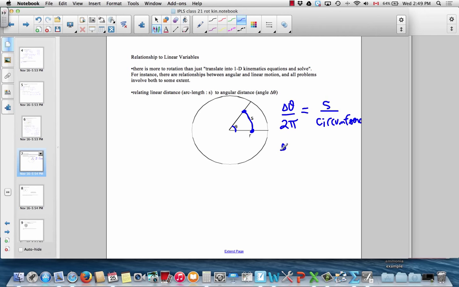Sorry, I ran out of room there. And the circumference is 2 pi r. Rearranging, we get another way you might have seen this, which is actually the definition of an angle in radians. It's the arc length over the radius. All right, so what we see there is the linear distance is r times the angular distance.